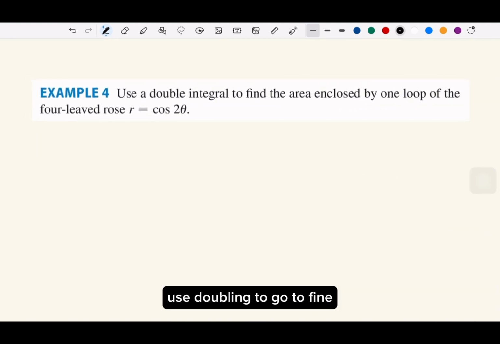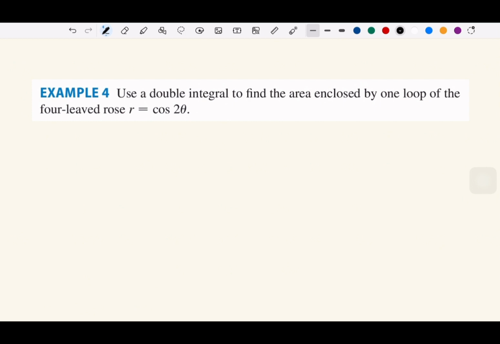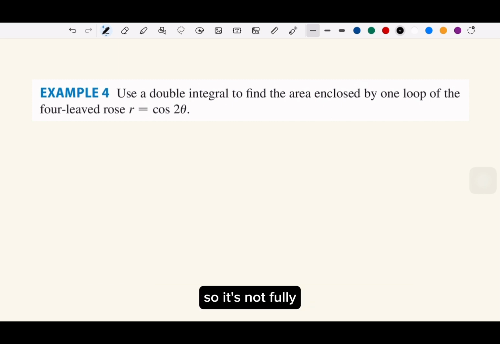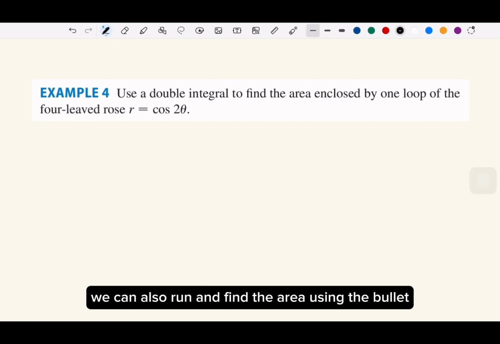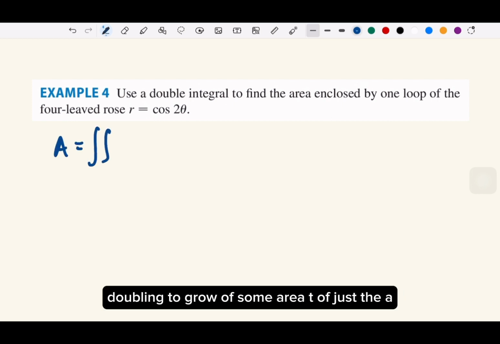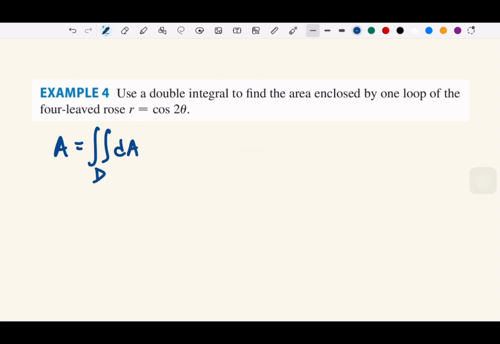Use double integral to find the area enclosed by one loop of the four-leaf rose. So it's not volume. Remember, we can also find the area using double integral. If you would like to find the area, we could find it through the double integral of some area D of just dA.